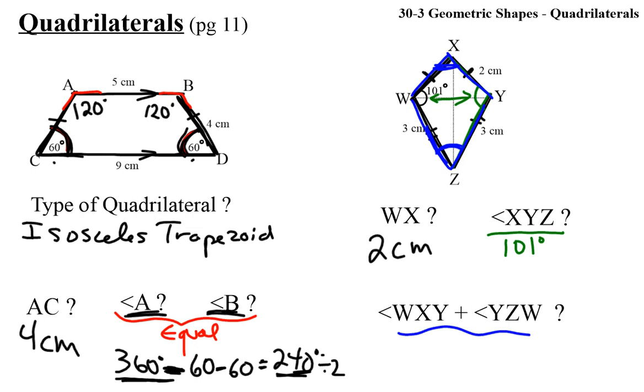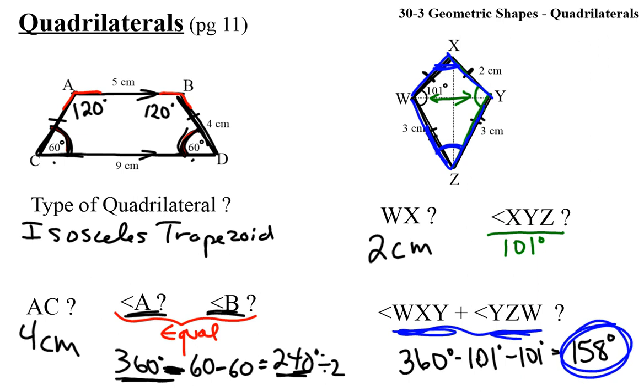Well, what do we know about a quadrilateral? 360 degrees. We know two of the angles are 101. So if I take 101 degrees from 360 twice, we get left with 158 degrees. So we know that these two angles together will be 158 degrees.